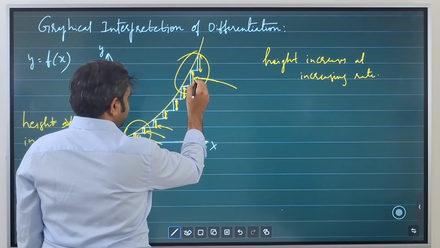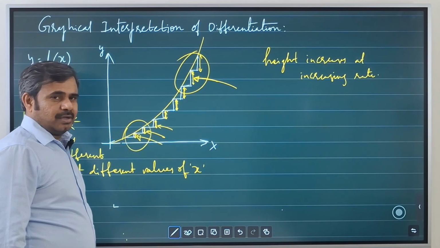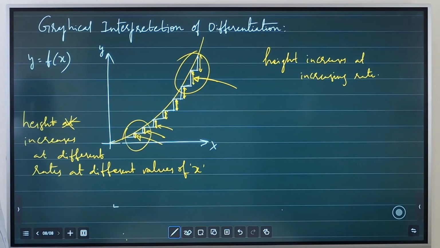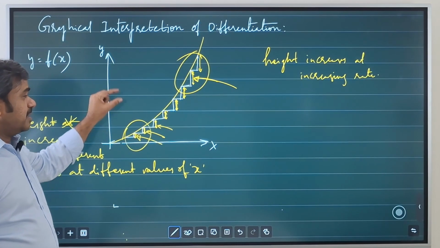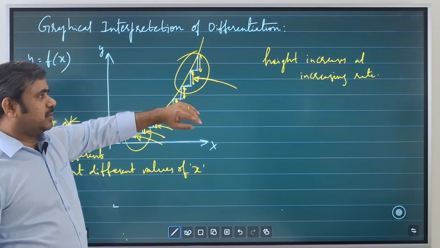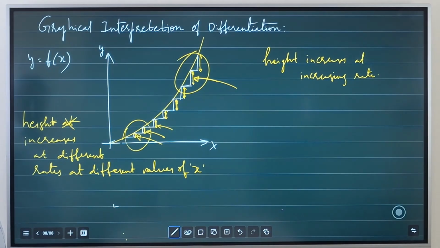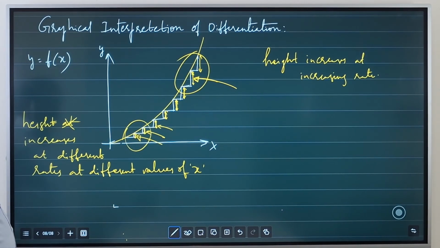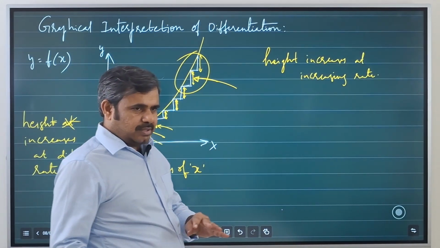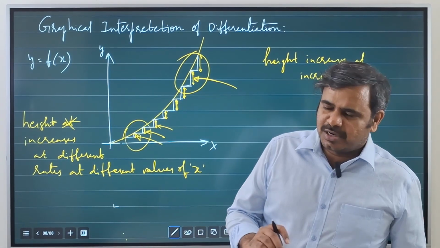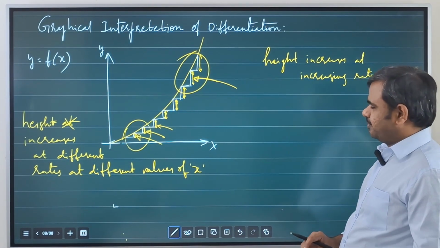For one step, look at the increase in the height at higher values of x. So height is increasing, and the increase in height is also increasing. So let's find out delta y by delta x and also dy by dx on the graph.